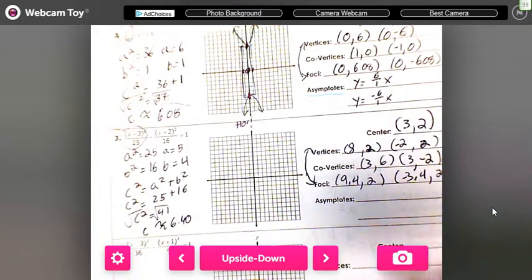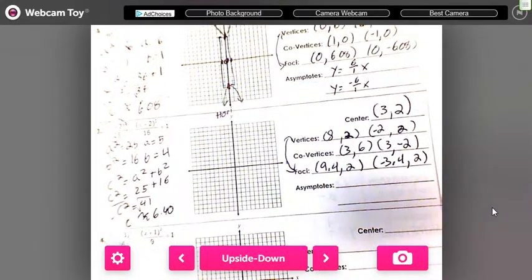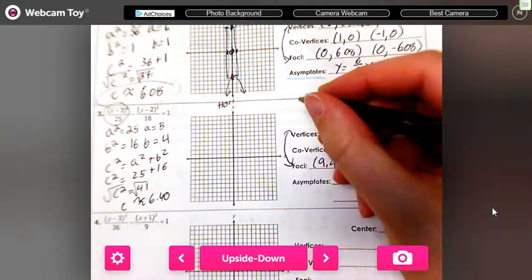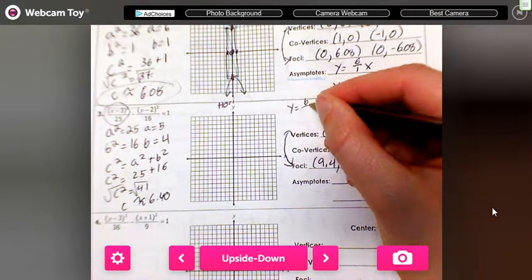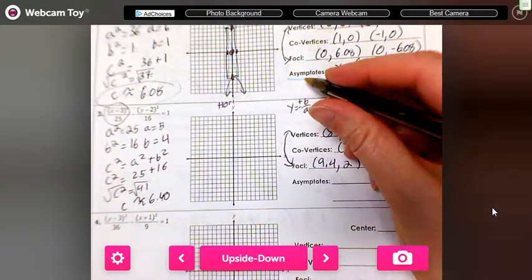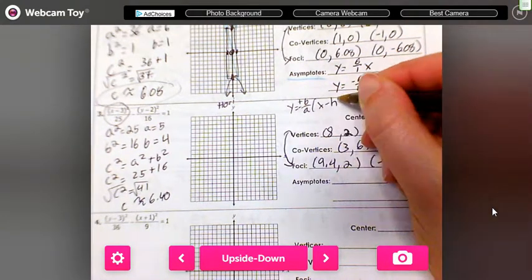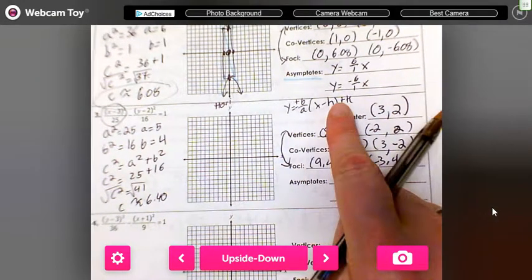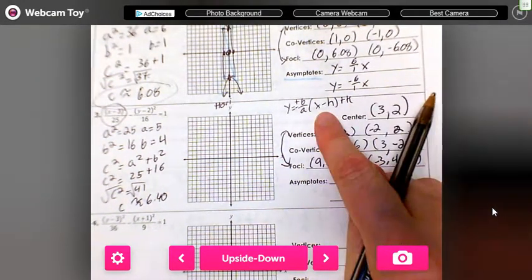Okay? So let's talk about these asymptotes. Remember, I'm using that equation again, y equals plus or minus b over a, times x minus h, plus k. I will give you this equation on the quiz.